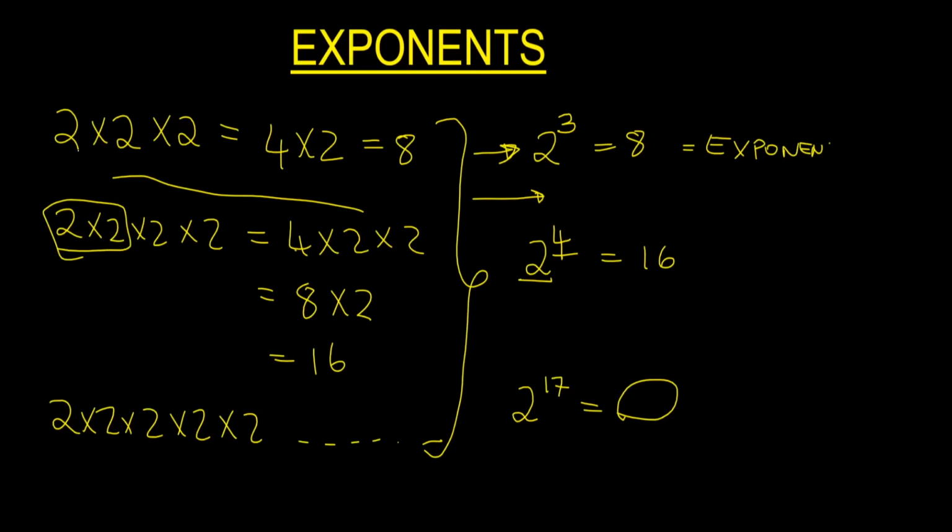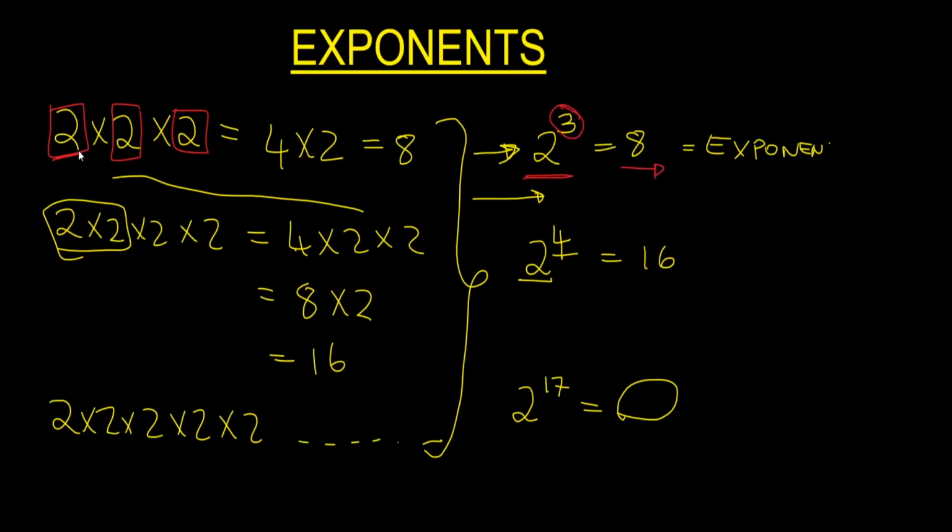Because we can see here, we have 2, right? And we multiply 2, 1, 2, 3, right? So we multiply 2 by itself 3 times. So this is what it means. We have 2, we multiply it 3 times by itself to get 8.